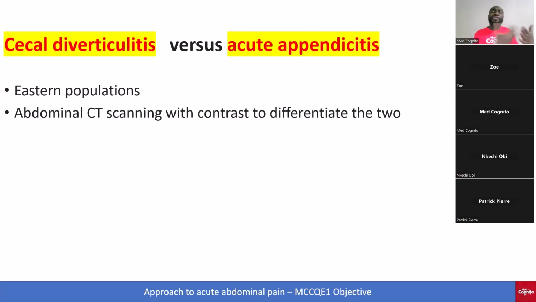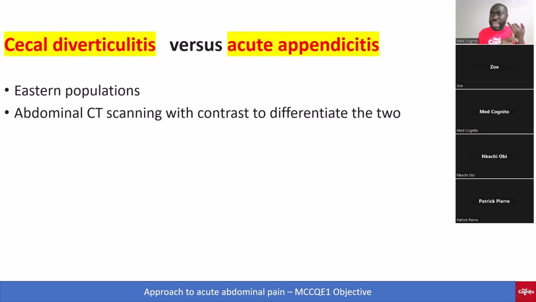Look for a patient from an Eastern population, like India, Pakistan, patients from Asia, and they are a bit younger. And the only way to tell the difference between cecal diverticulitis and acute appendicitis is by doing an abdominal CT scan.